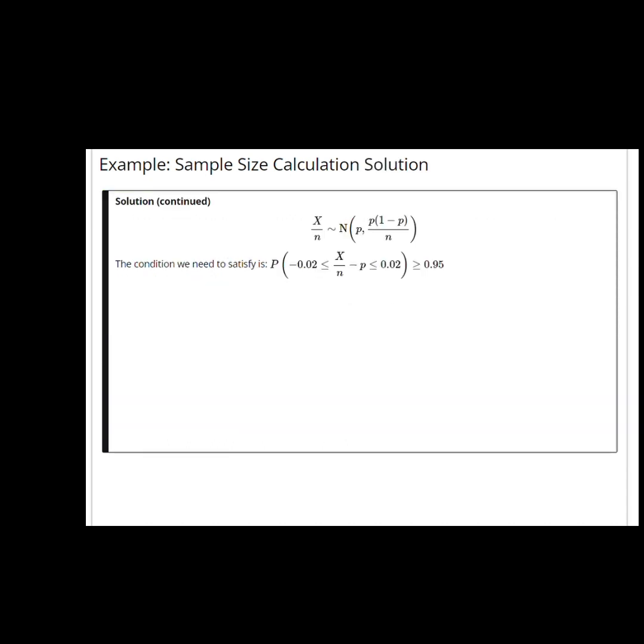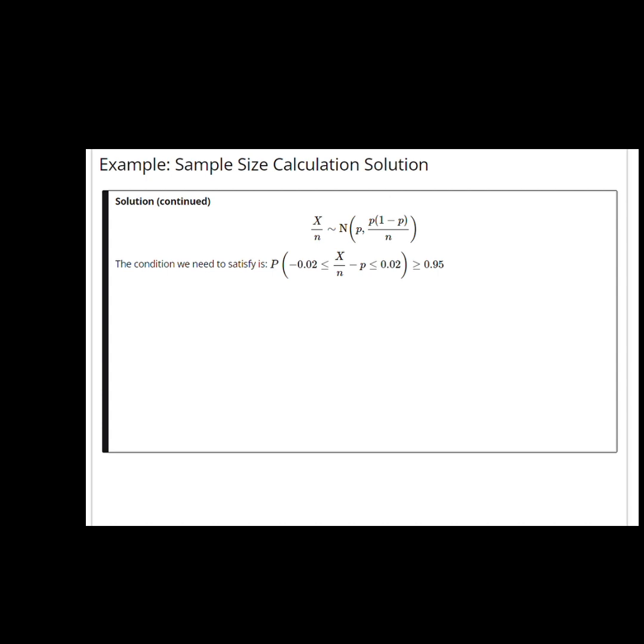Now let's write down the condition that we need to satisfy. The statement that X over n is within 0.02 of p is the statement that X over n minus p is greater than minus 0.02 and less than plus 0.02. But it's unreasonable to expect this to be true all of the time. We're demanding that it be true at least 95% of the time.